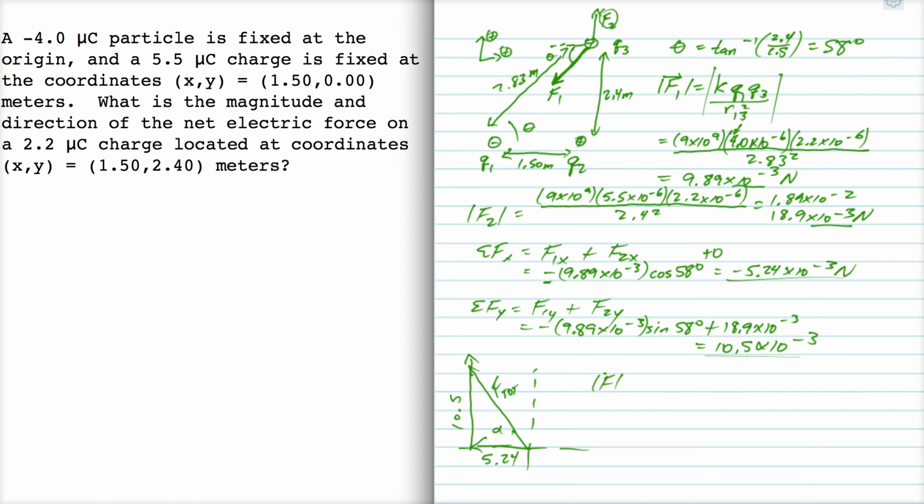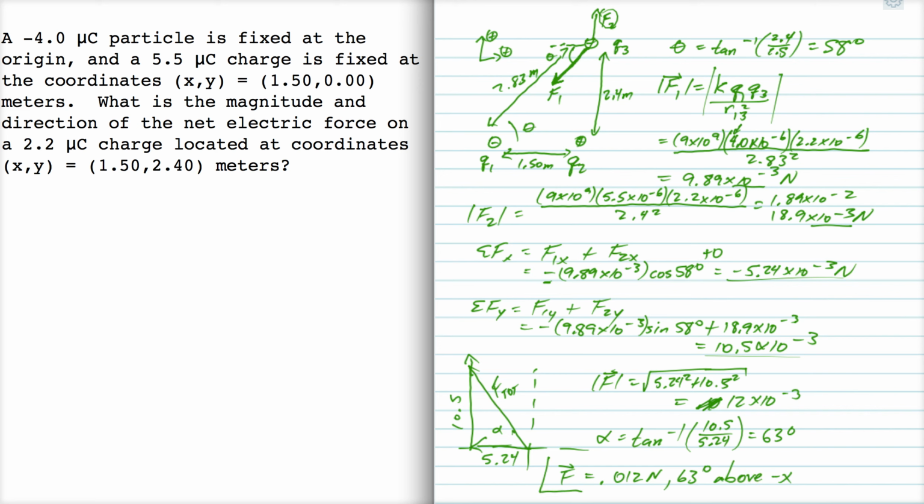And so the magnitude of the total force is the square root of 5.24 squared plus 10.5 squared, multiplied by 10 to the minus 3, that's 12 times 10 to the minus 3. And then the direction alpha is inverse tangent of 10.5 over 5.24, which is 63. So our final answer is that the force is equal to 0.012 newtons in a direction 63 degrees above minus x.